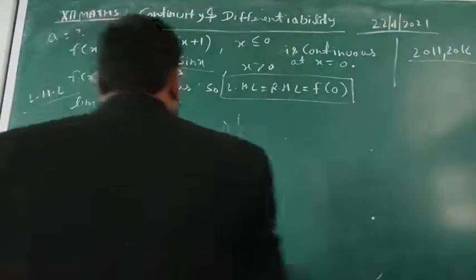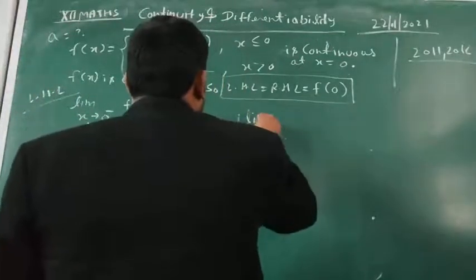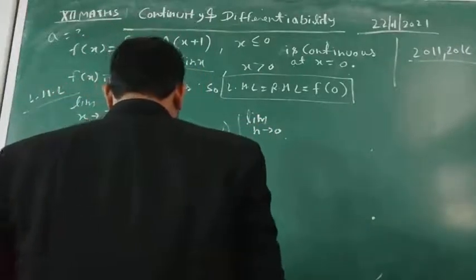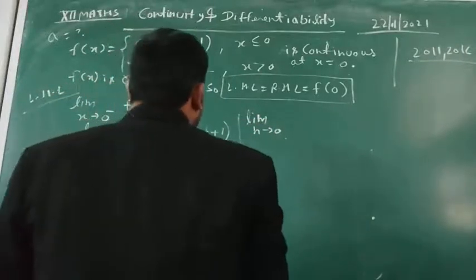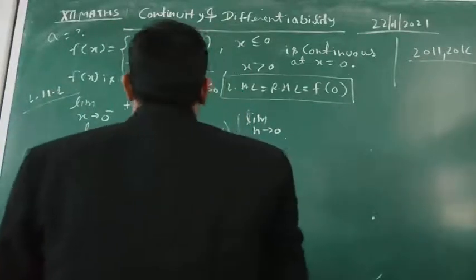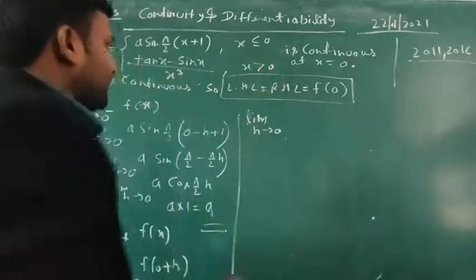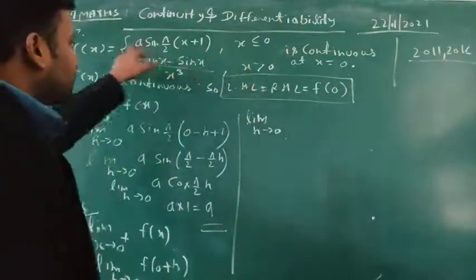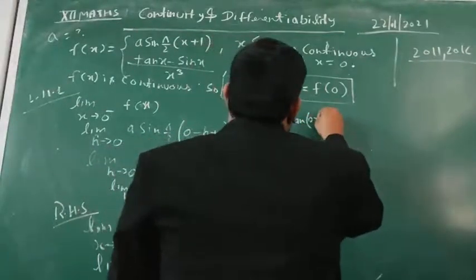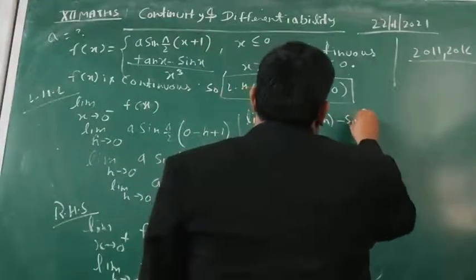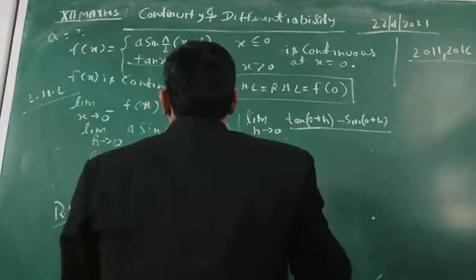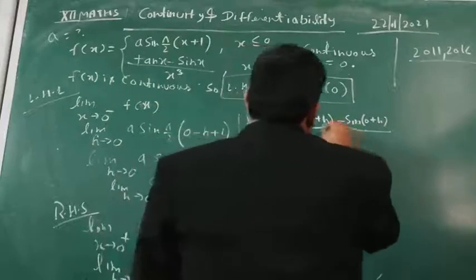Now f(0 plus h) will be equal to, and look, when x is greater than 0, our function is this, so we will write (tan(0 plus h) minus sin(0 plus h)) by (0 plus h) whole cube.